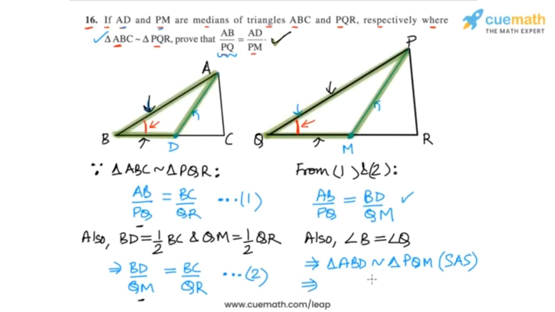And now because these triangles are similar, all the corresponding sides will be proportional. So now we can finally say that AB by PQ will be equal to the ratio of the medians AD by PM. Alright, so this is what we had to prove. AB by PQ is equal to AD by PM. So this completes question number 16.